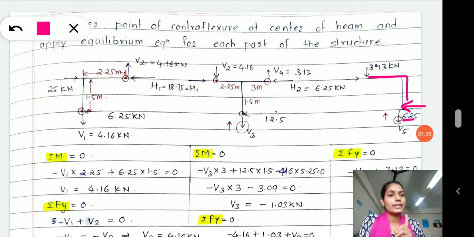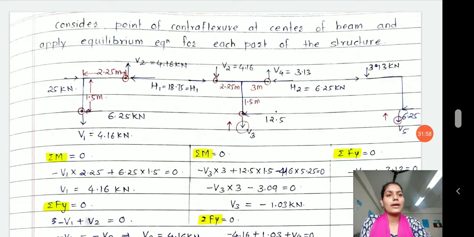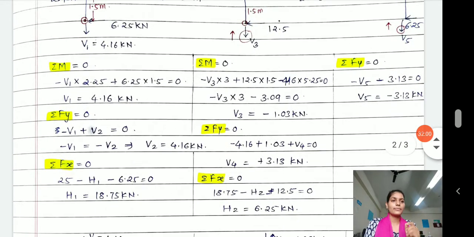The only unknown in this section is the force acting downward at this point. These forces are known to us, because if it is acting in this direction, it will act in the opposite direction on the next frame, of the same magnitude, 6.25. This force is acting upward of a magnitude 3.13, so here it will act downward of a magnitude 3.13, right? So this is how we have solved for the first story of our beam.